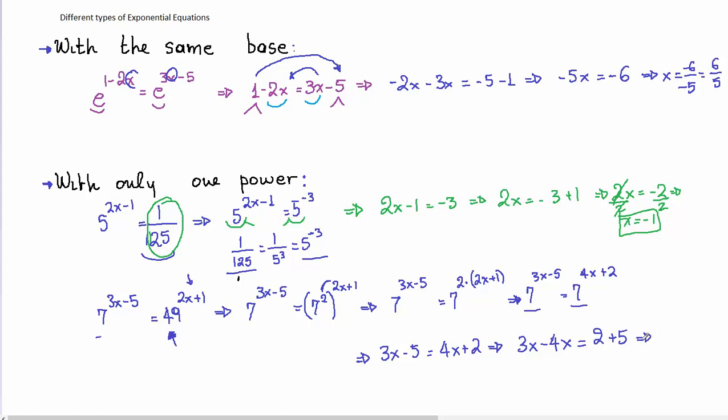And this tells me that 3x minus 4x is negative x equals 7. I reverse the signs in order to find what x equals. So I multiply both sides of the equation by negative 1, and I have x equals negative 7. And that will be my answer for this problem. So right here we solved two different problems, problem 1 and problem 2.